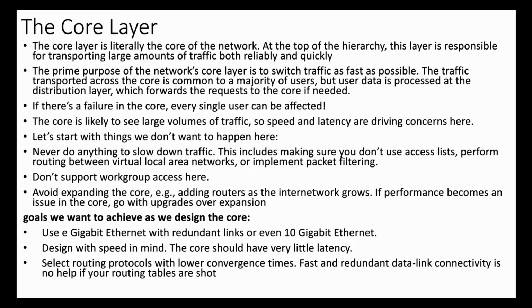So they are saying to use 10 gigabit Ethernet. Thinking about speed, you need to select routing protocols which have lower convergence time, which will respond fast. And they are also saying that a small routing table is a disadvantage in the core. So let's go to the next slide and understand the distribution layer.